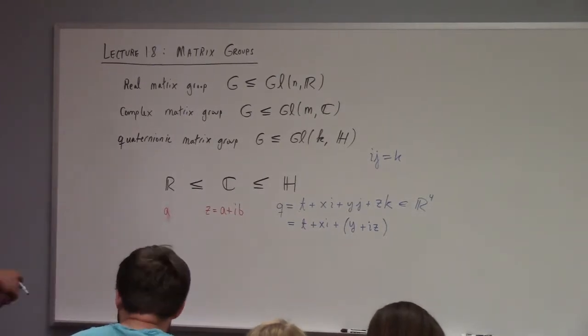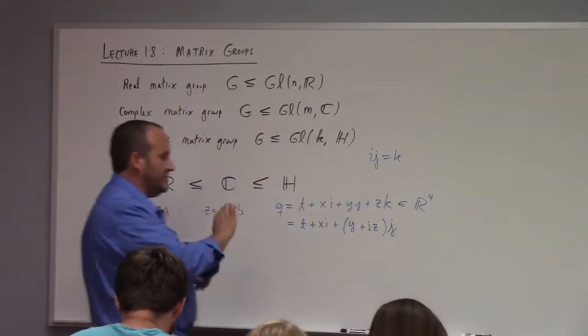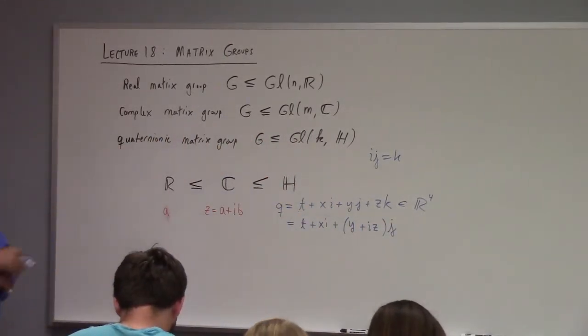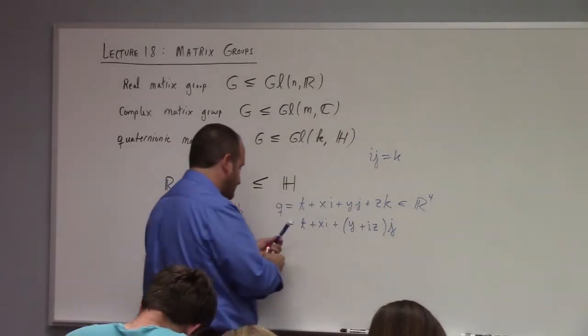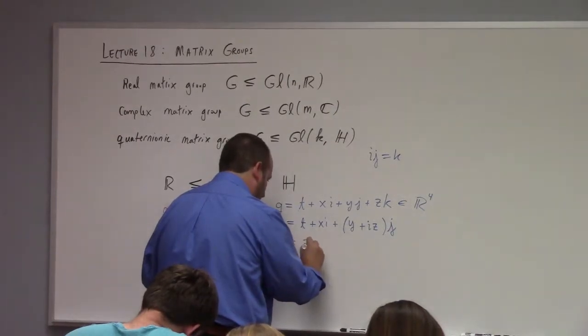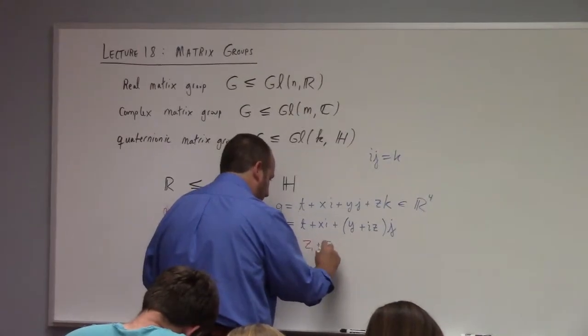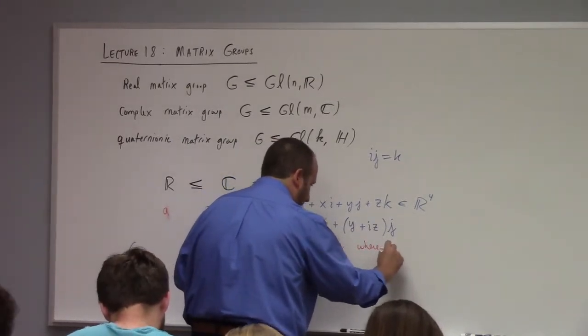What's that? J, is that legit? I think you're right, because i times j is k, which is what we have in the line above. And so you see that a quaternion could also be understood as the sum of, say, z1 plus z2 times j, where z1 and z2 are what?